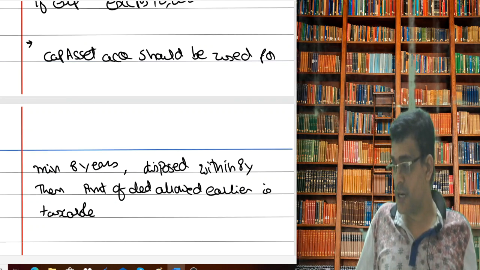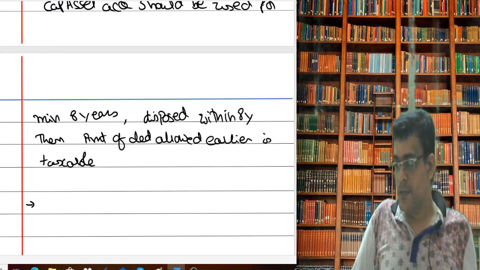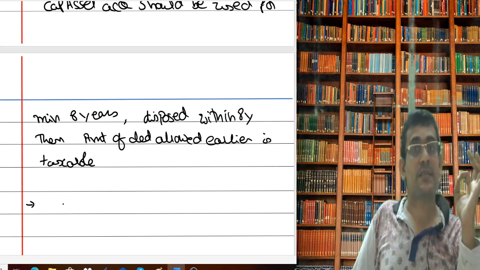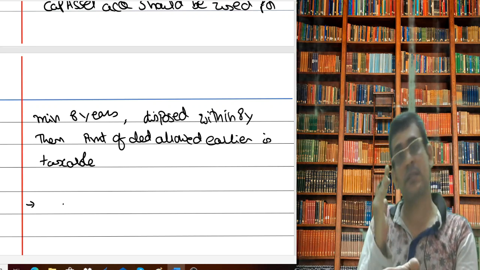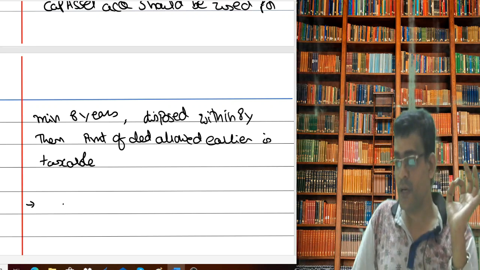Then the last condition which we need to see. What is the last condition here? Whatever specified business you do, that specified business should not be formed by splitting off, reconstruction or amalgamation.